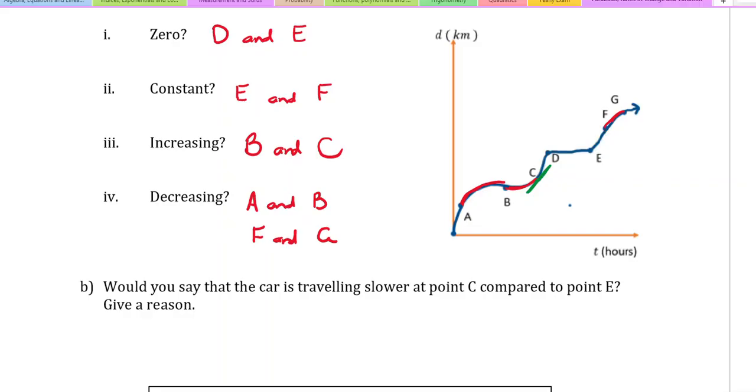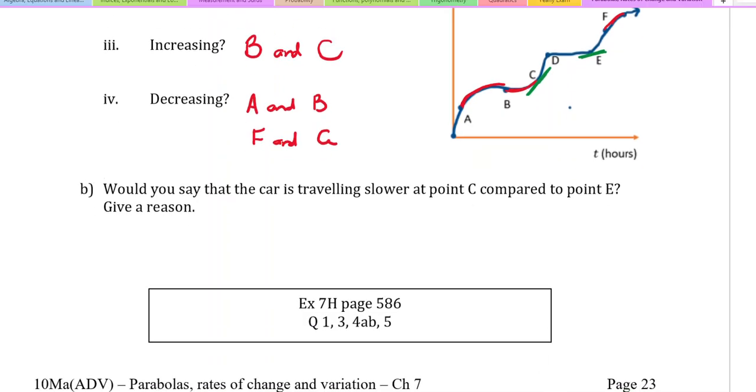At the start of E, it's definitely slower. It's almost horizontal, and then it starts speeding up very quickly once we go past E. So I think we would need to say that it's definitely moving faster at C because the slope is already quite steep when we hit C, whereas at E, it's flat but then increases quite rapidly after that. So we're going to write down here that it is faster at C as the graph is steeper at C than at E.